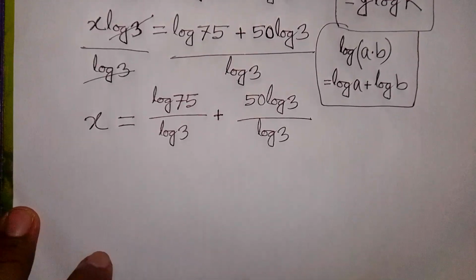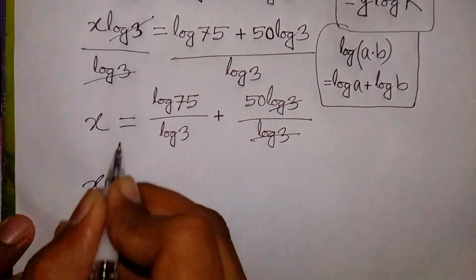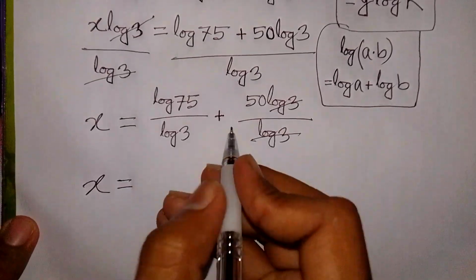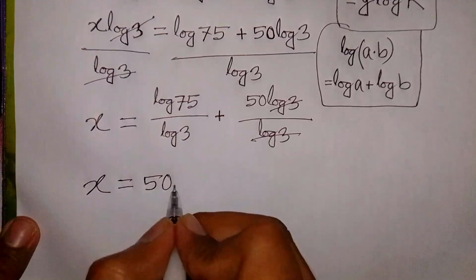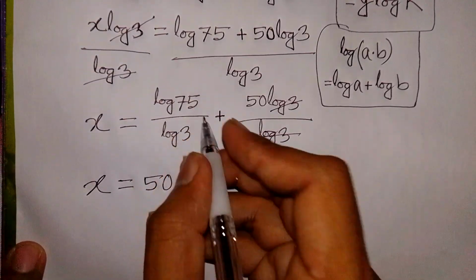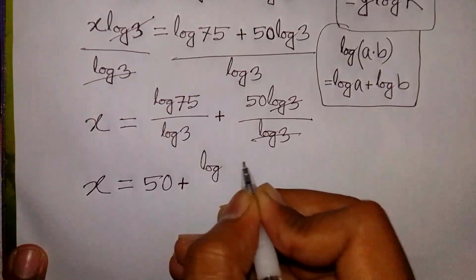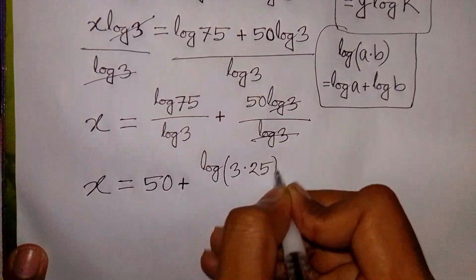In the next step, this log 3 will be cancelled. So here x will be equal to 50 plus log 75 over log 3. Log 75 can be written as log of 3 times 25.